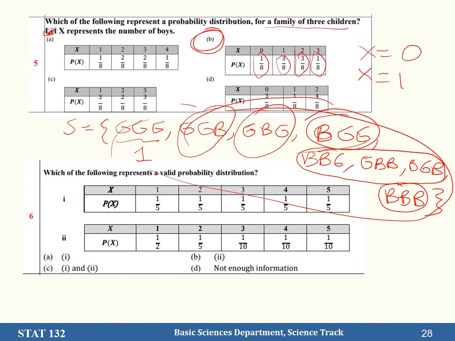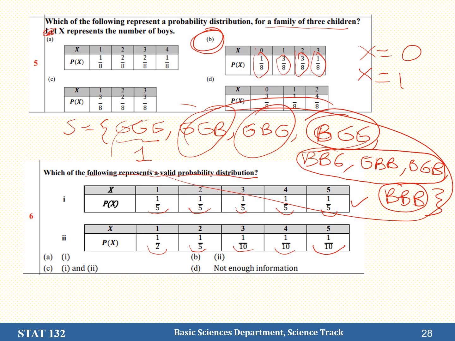Now let's look at this one. Which of the following represents a valid probability distribution? So they have to be all between the probabilities. They have to be between 0 and 1, and their sum should be equal to 1. So this is okay. And here, when we look at here, their sum is okay.